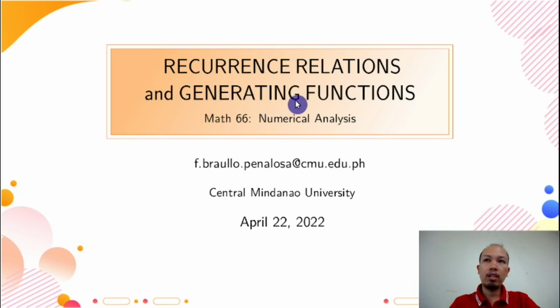Remember in our example 25, we solved that problem. If you remember, p sub n plus 1 is equal to 0.7 times p sub n, with p sub 1 is equal to 1 and the other one also.